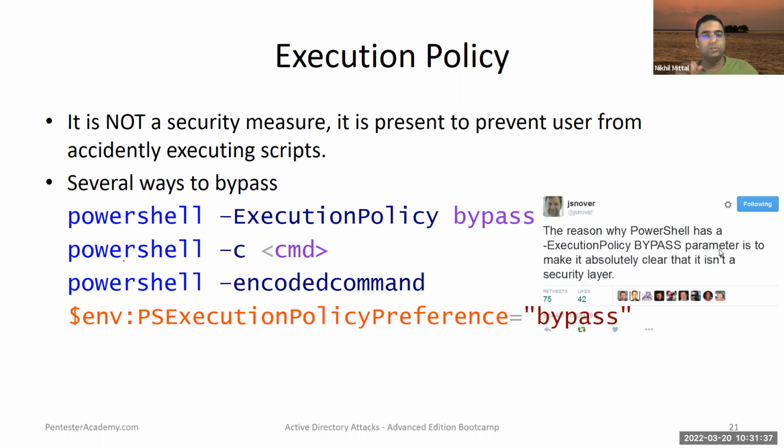All right. So don't use it unless, let's say, you have global command line logging and process creation logging in your environment, then this may sometimes help in detection. But that's it. So don't think of it as a security measure.